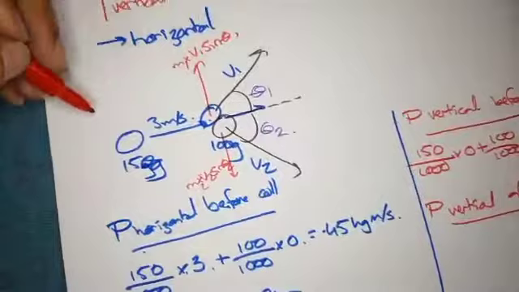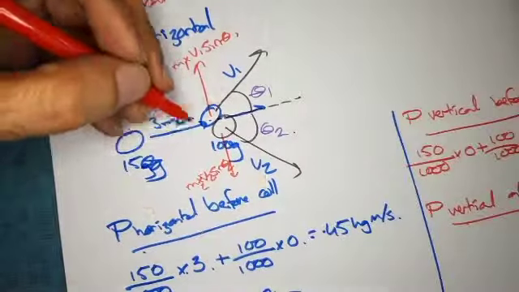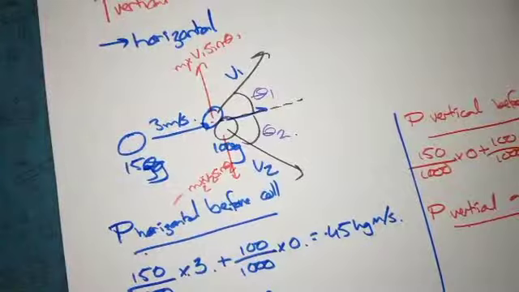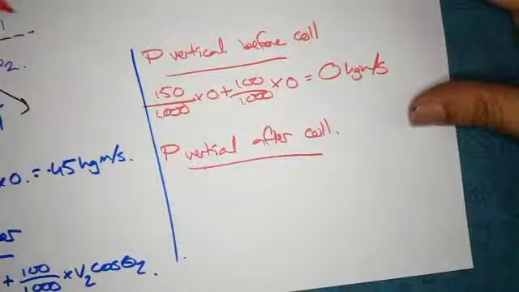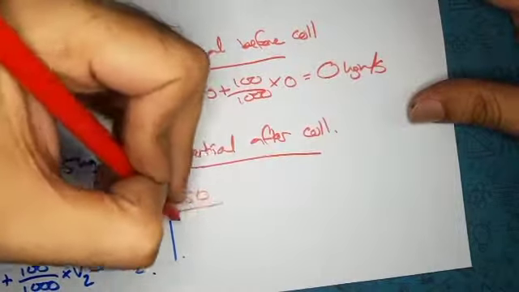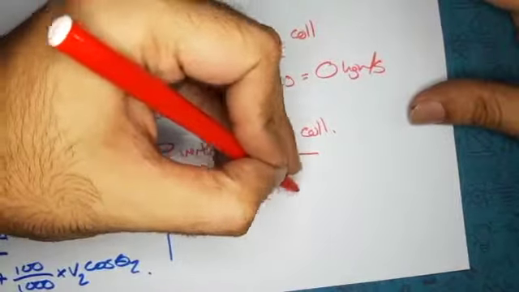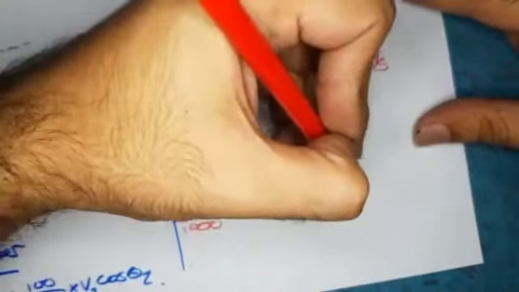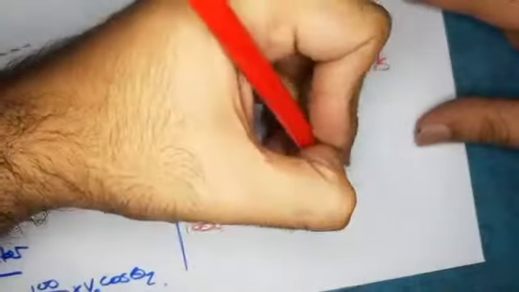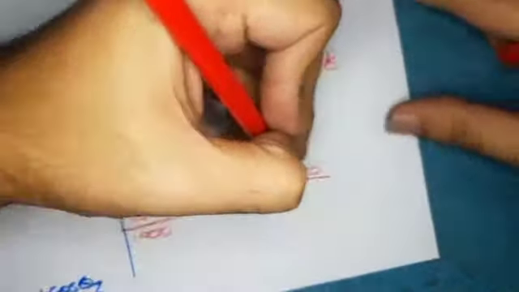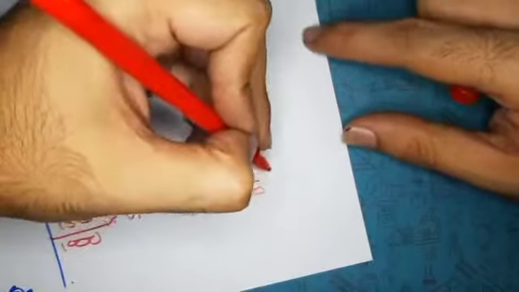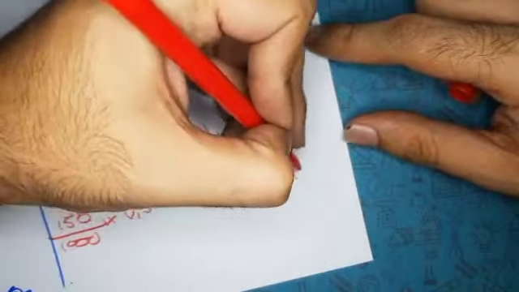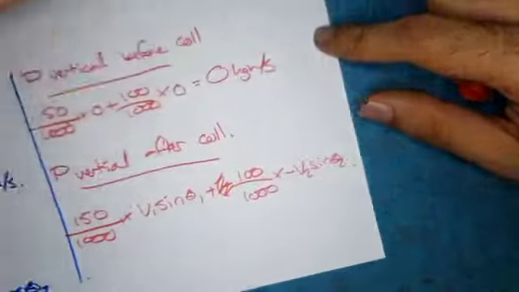So the interesting thing is, because they're in opposite directions, one's going to be positive, one's going to be negative. Let's take the upper direction as positive and the downward direction as negative. So the momentum after the collision is basically m1, which was 150 divided by 1000 into v1 sine theta 1, plus, let's write the mass first, 100 divided by 1000 into minus v2 sine theta 2.